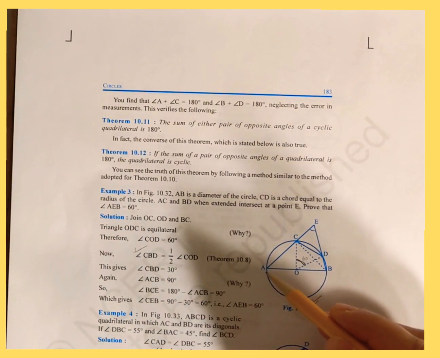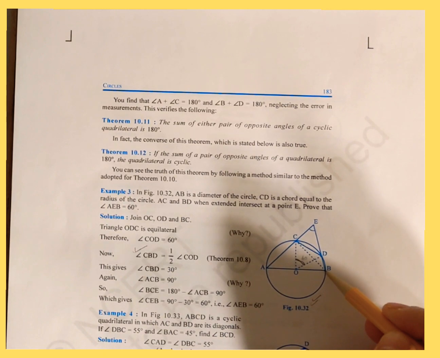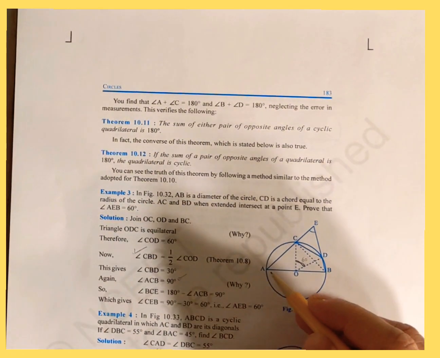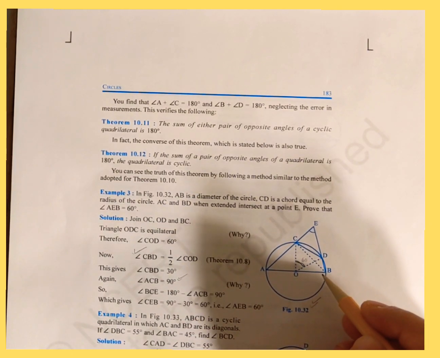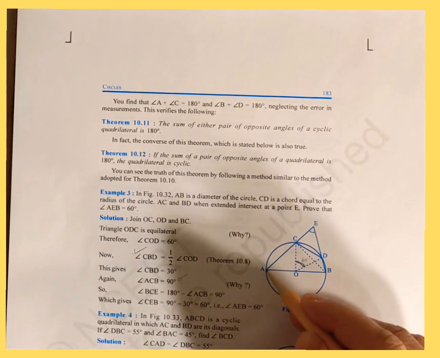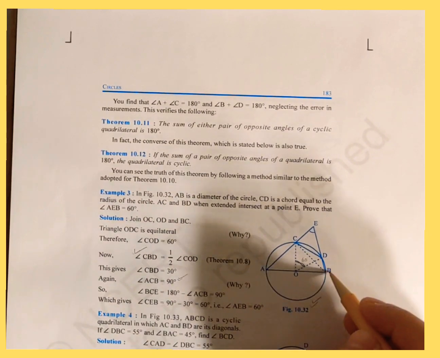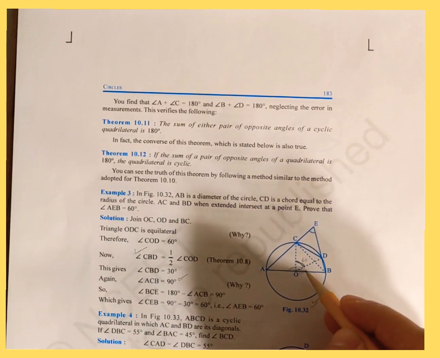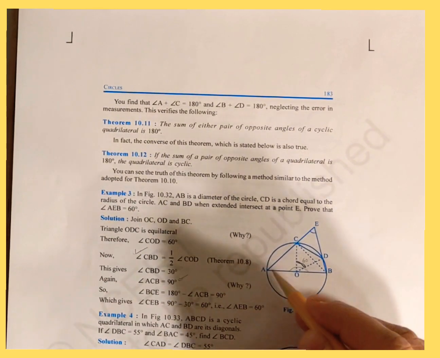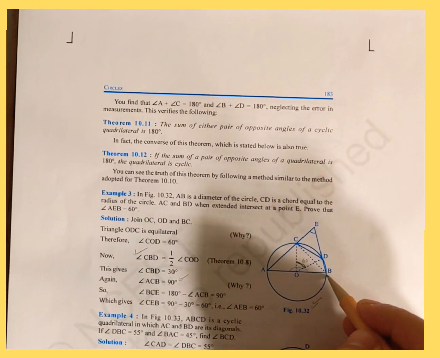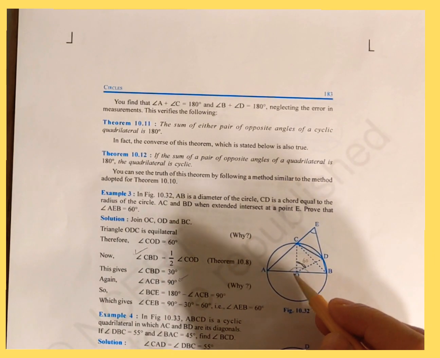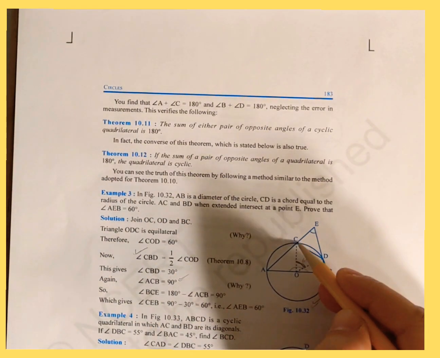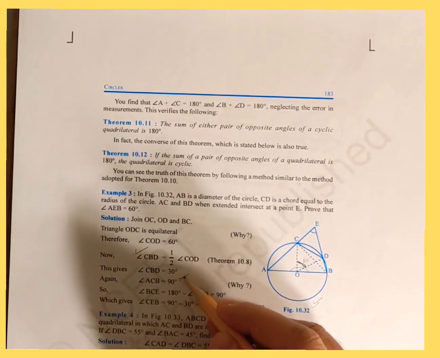And angle ACB is 90 degrees. Why? The diameter is also a chord of the circle, the longest chord. The straight line AB subtends 180 degrees at O, and at any other point on the circle it will subtend 90 degrees, which is half of 180 degrees. Same theorem. So angle ACB is 90 degrees.